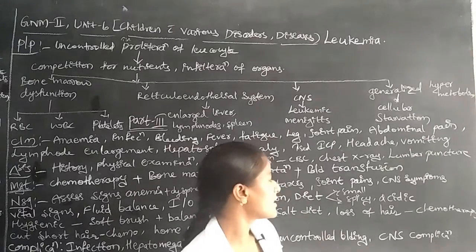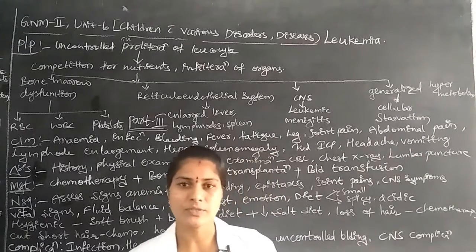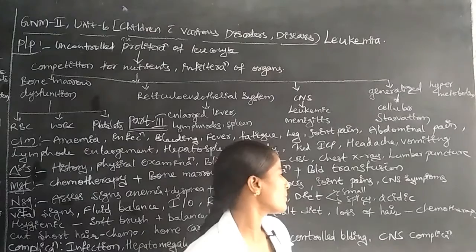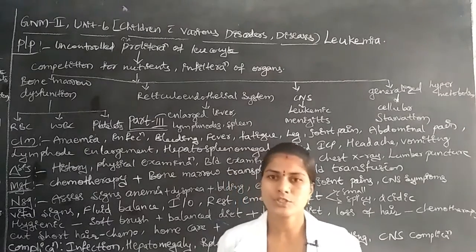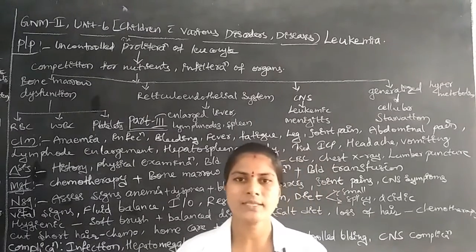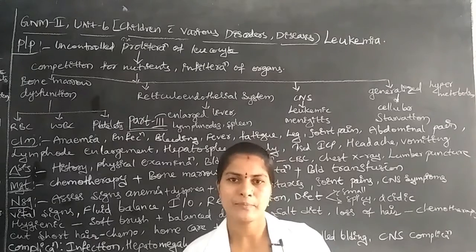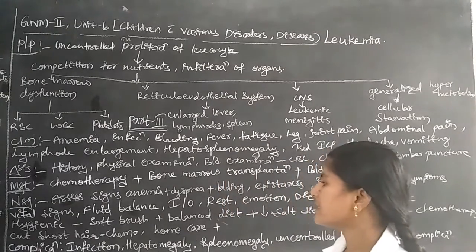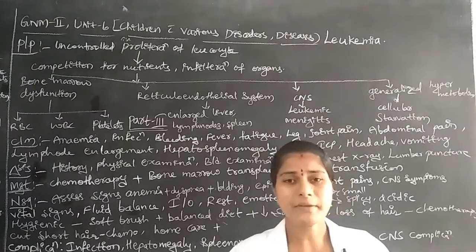Next is avoiding spicy foods. Spicy foods should be avoided, and acidic foods should be avoided, for children suffering with this type of leukemia. Next is hygienic measures.